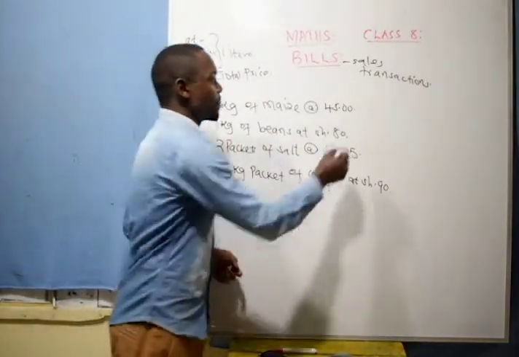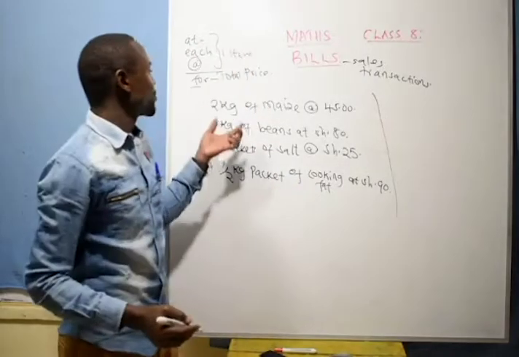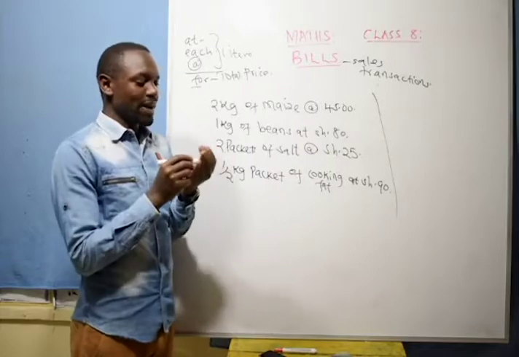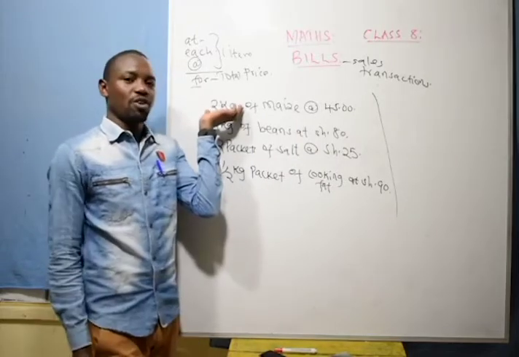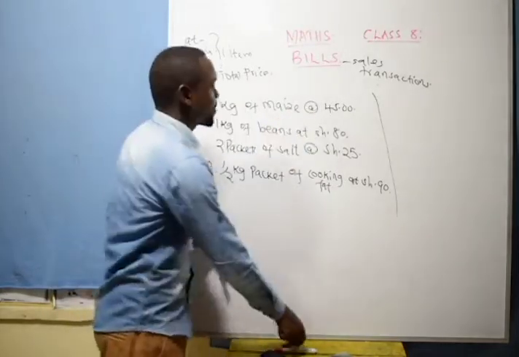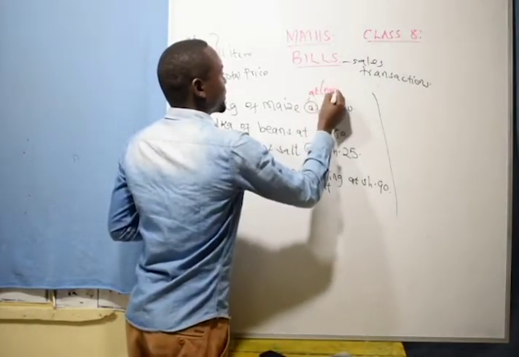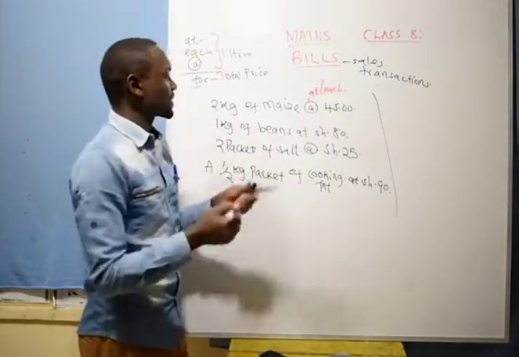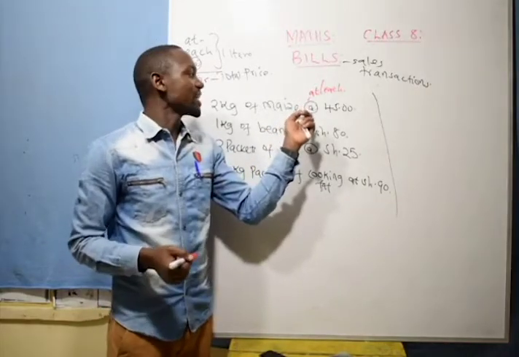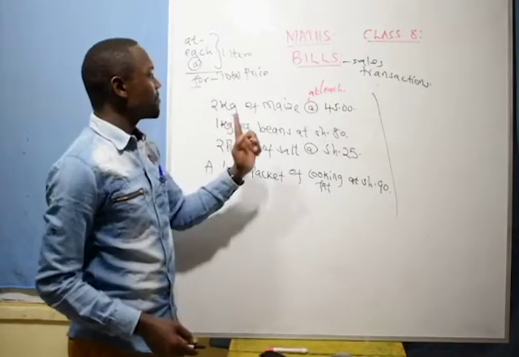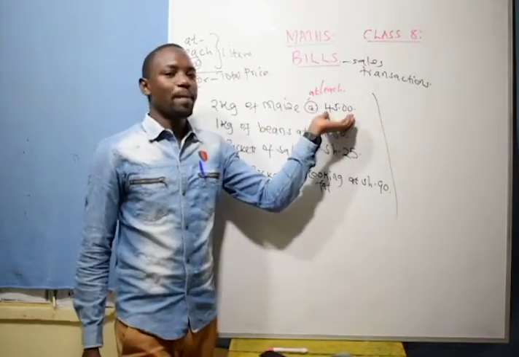To work out the bill, we look at how many kilograms of maize this person bought. This person bought 2 kilograms of maize. This symbol here means at or each. Once you come across that symbol, the circled A, you know that for 1 kilogram of maize, this person paid 45 shillings.